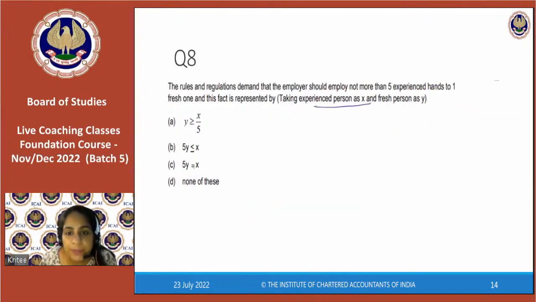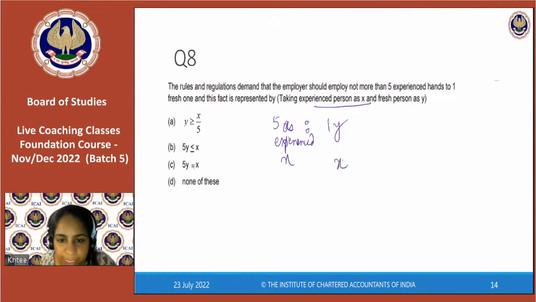So taking experienced person as X, I will have 5 experienced as against, try to understand, as against one fresher. I must have not more than 5 experienced as against one fresher. So this is not X being multiplied by 5.